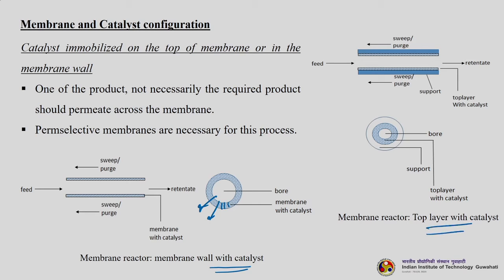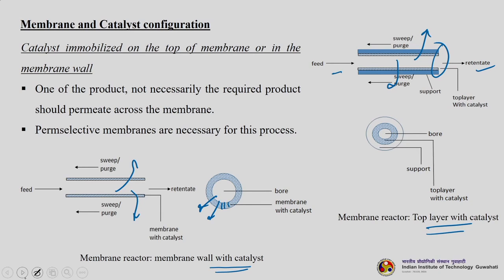Not the entire membrane, but only the top portion of the membrane itself is loaded, and the bore remains, the area which is inside the bore. You can see the schematic of how it looks. The feed is entering here and the retentate is getting here. You can get some product from here through the membrane.